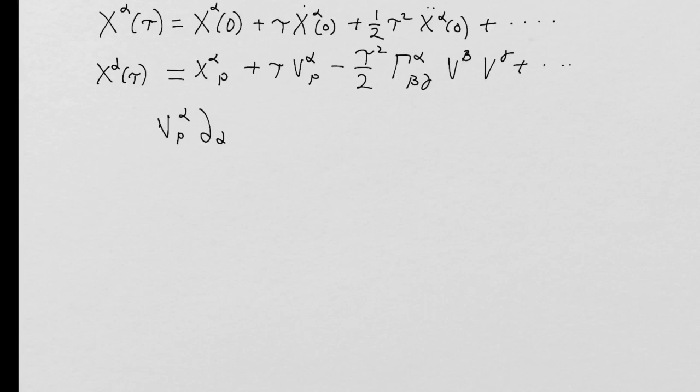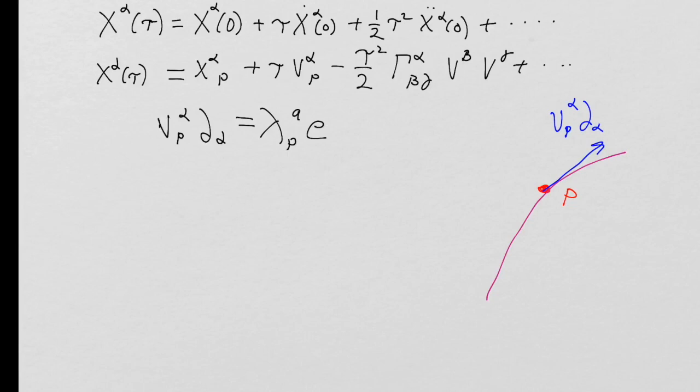Maybe I should draw, here we have our point P, and through our point P is this geodesic, and at the point P is this tangent vector, and that is given by v_P alpha partial alpha in the x coordinate system. But of course, this also equals lambda_P A in some arbitrary basis that we set up at the point P, right?